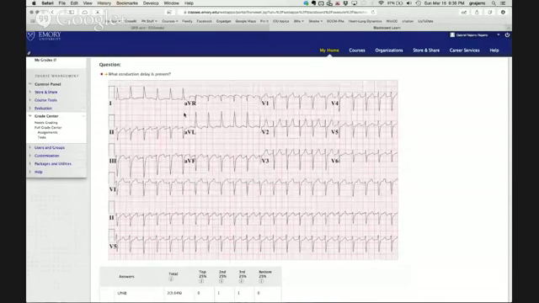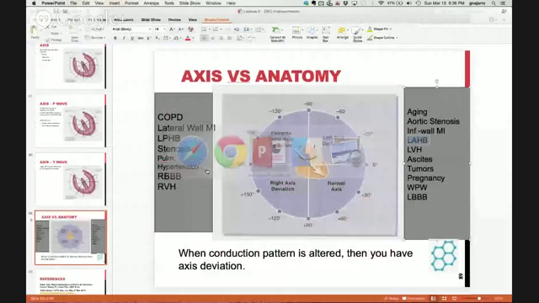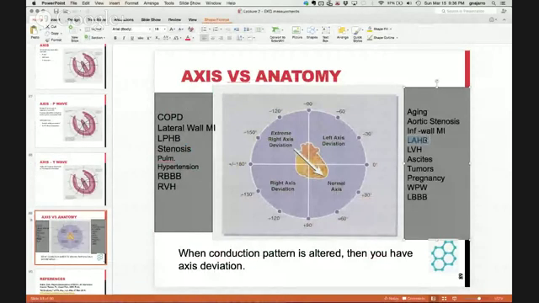So we look at lead 1 and aVF, and we say, okay, 1 is positive, so we know it's moving leftward towards lead 1, and aVF is negative, so we know it's moving upward towards the head. When we add those two together, that's left axis deviation, and left axis deviation is consistent with left anterior hemiblock.